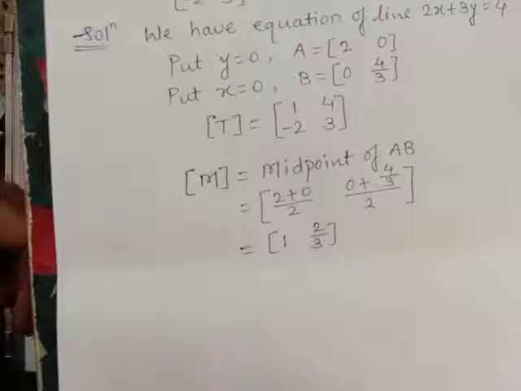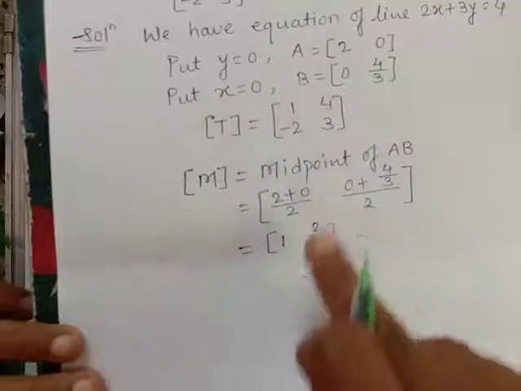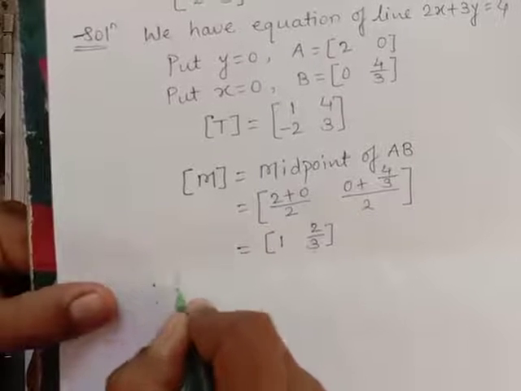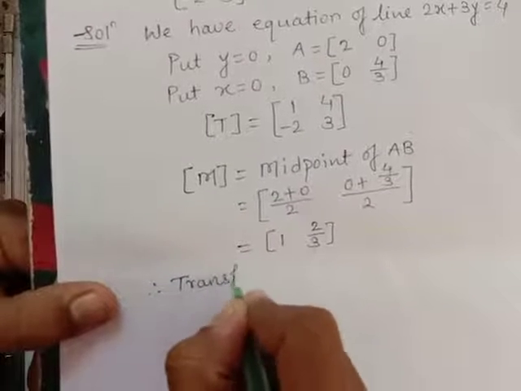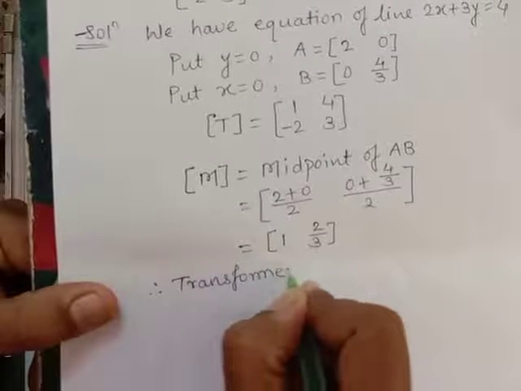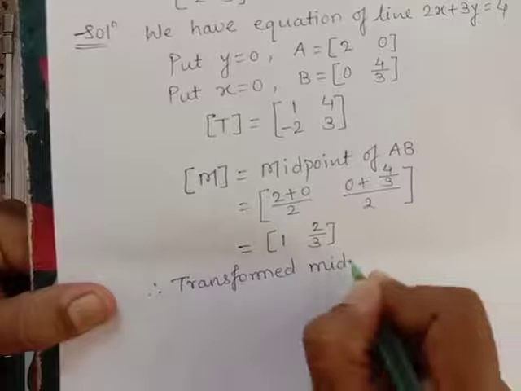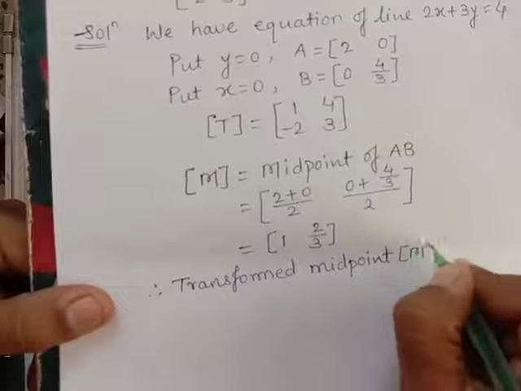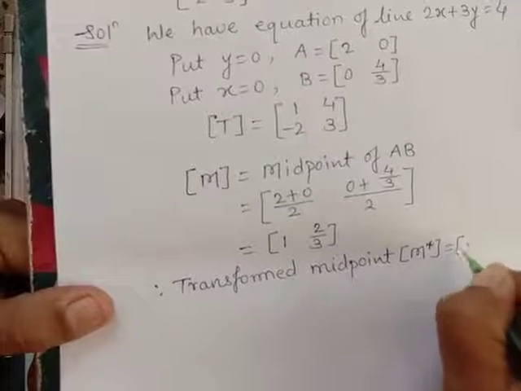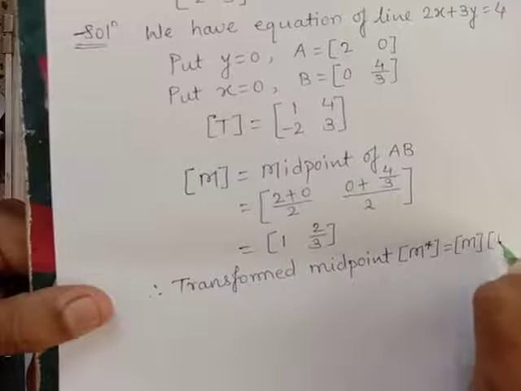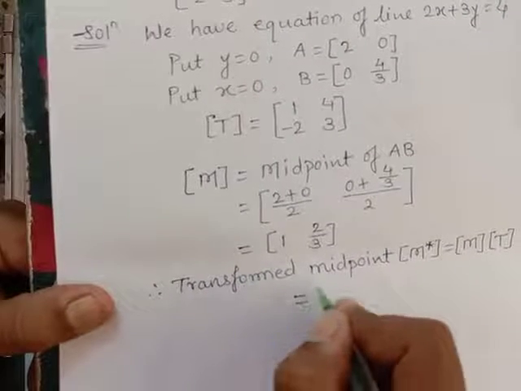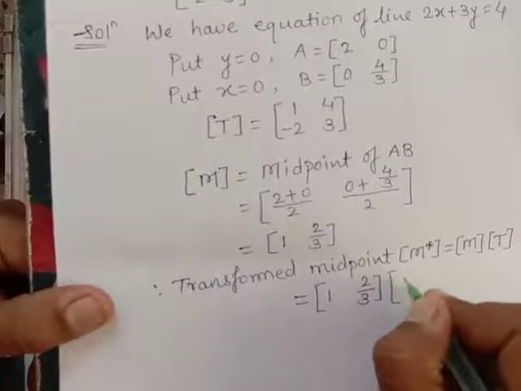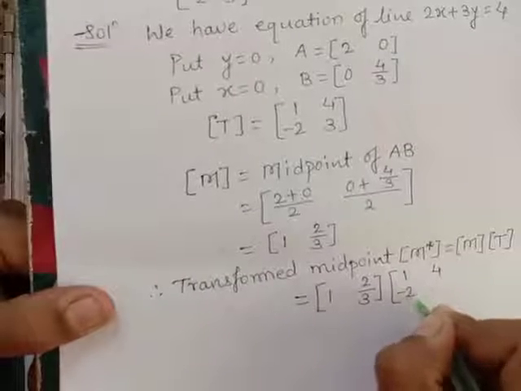Now we have to determine the transformed midpoint, so simply apply T on M. Therefore, the transformed midpoint M star is M into T, that is 1, 2 by 3 times 1, 4, minus 2, 3.